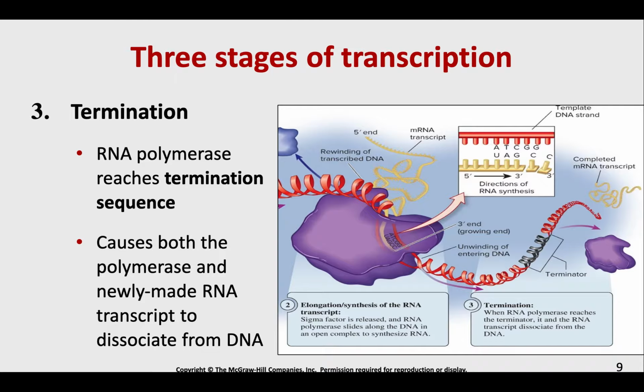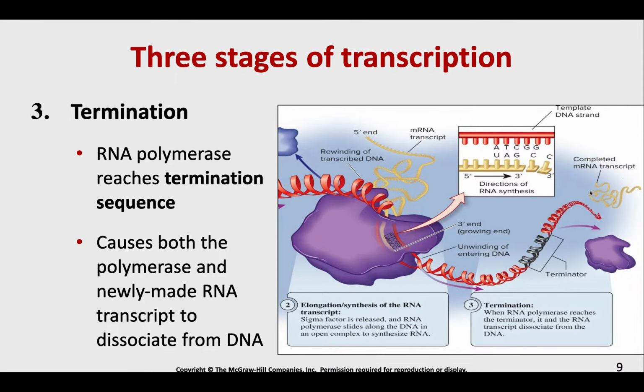We've made our RNA at this point, and now it's time to terminate transcription. The RNA polymerase is going to reach this termination sequence here, telling it to stop transcribing. It causes the polymerase to detach from the DNA, and causes the completed mRNA transcript to detach from the DNA and the RNA polymerase.